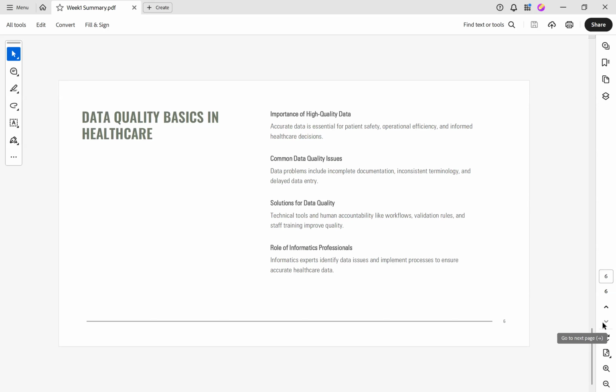Now, if you go to that third bullet point, technical tools and human accountability, like workflows. A workflow is a process. And we all adopt workflows every day. We might not call them workflows, but data also uses workflow.